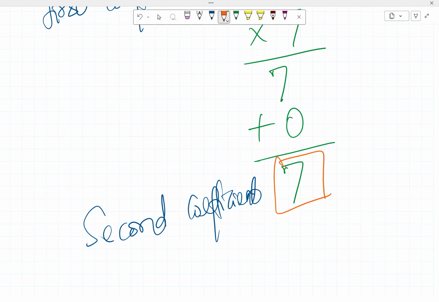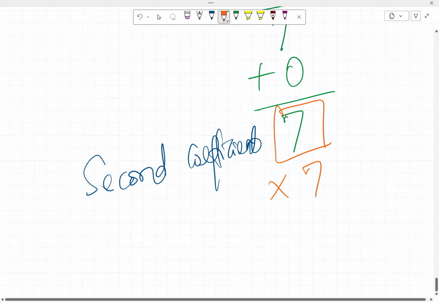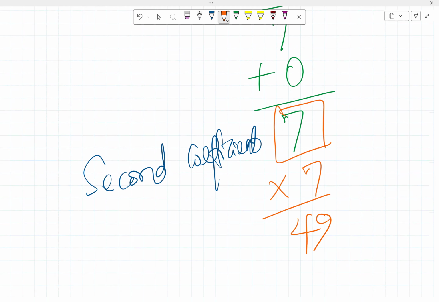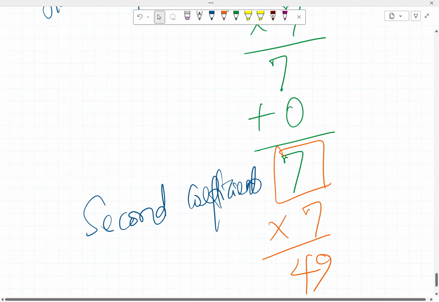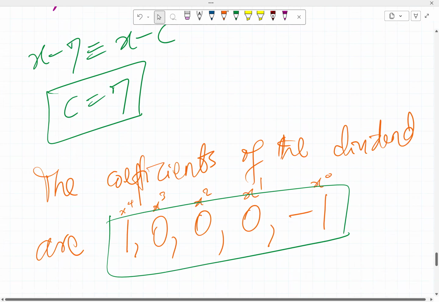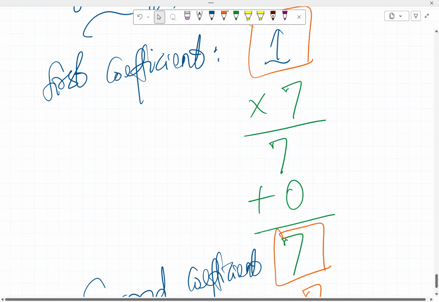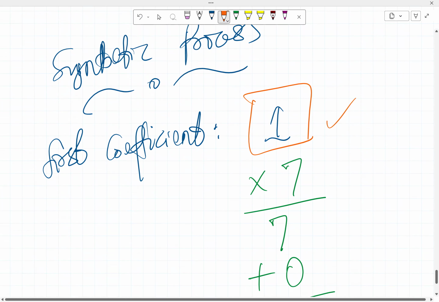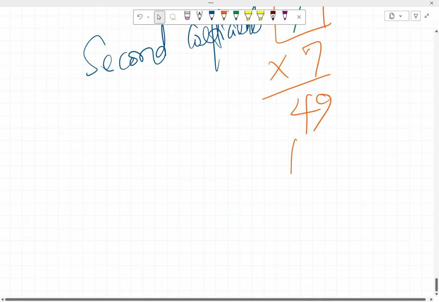So now this new coefficient you have now, you multiply it again by 7. So multiply it by 7 and you get 49. And once you get this 49, then the next thing you want to do is, what's the next coefficient now? You have 1, 0, 0, 0, minus 1. We have taken care of the first 0: we've added to 0, then we multiplied, and then we add to the next 0.